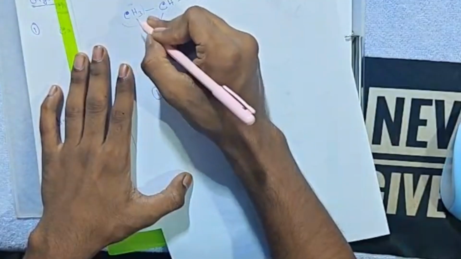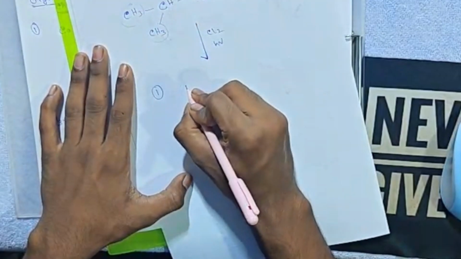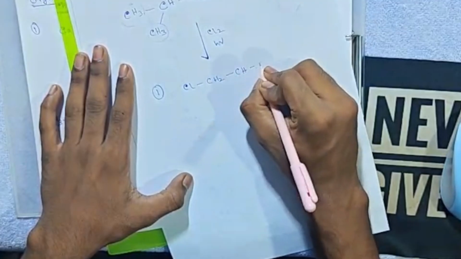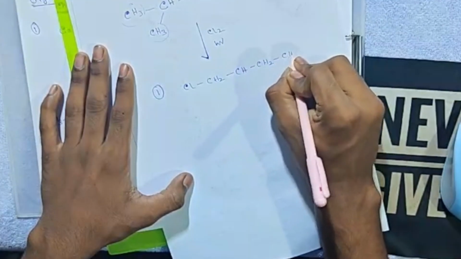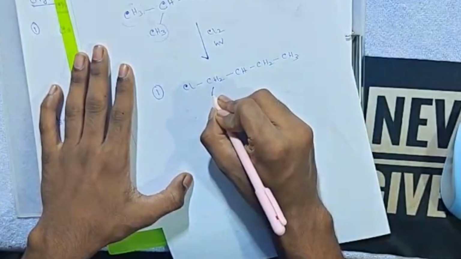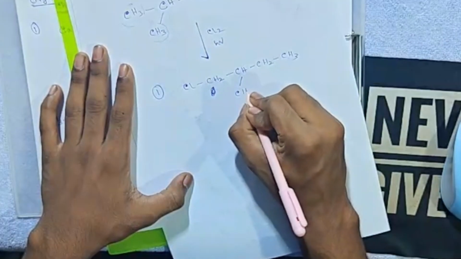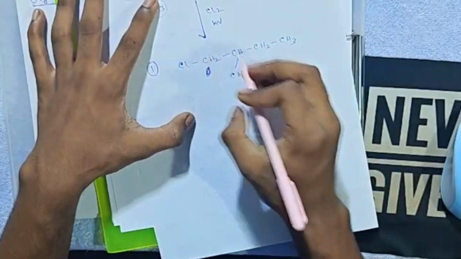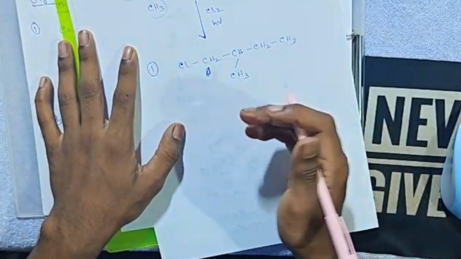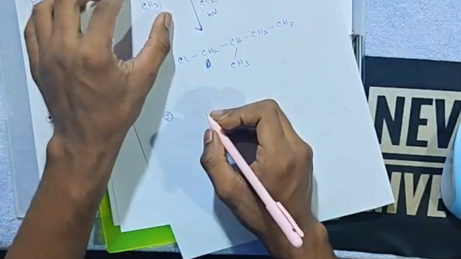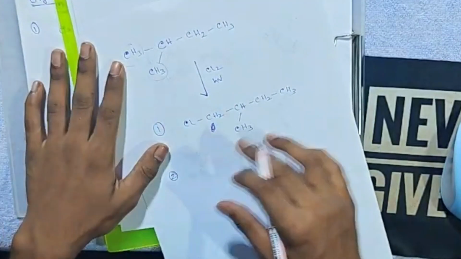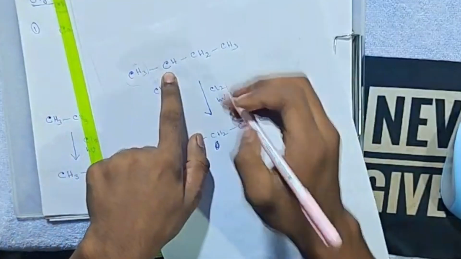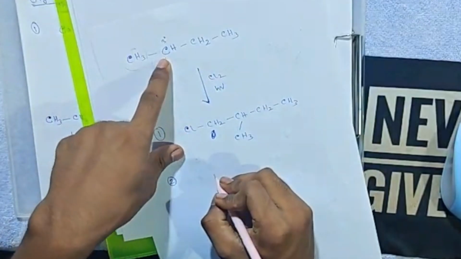So first I will replace one hydrogen from this CH3 with Cl: Cl CH2 CH(CH3) CH2 CH3. Or if I give this Cl on the other carbon, the product would be the same. Now this third degree carbon is different, so we can attach here also.